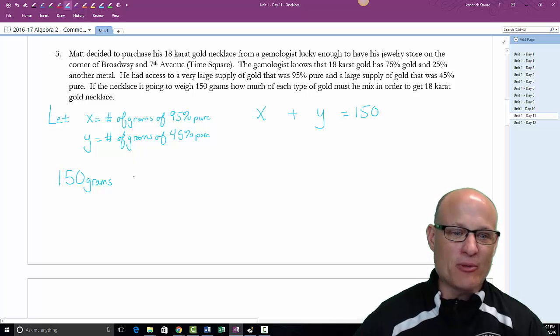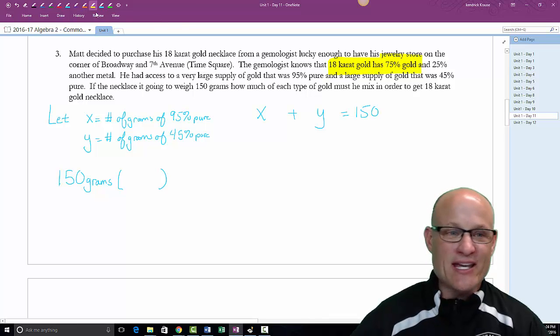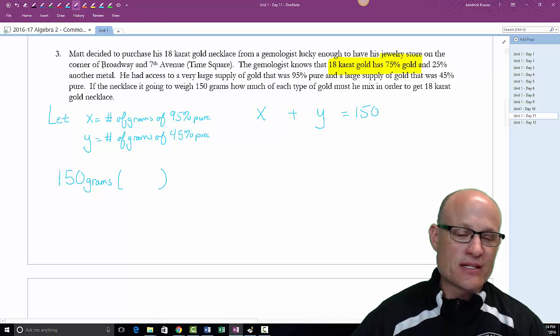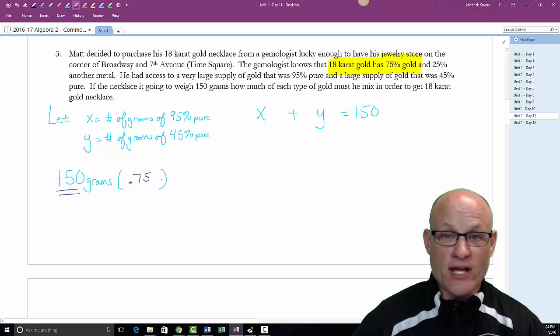I need to figure out how much gold is going to be in the necklace. And we were told right here that 18-karat gold has 75% gold. So if I have a necklace that's 150 grams, 75% is actually gold.